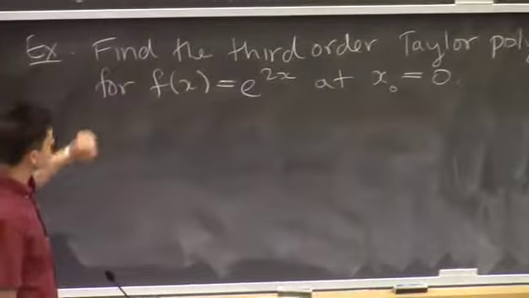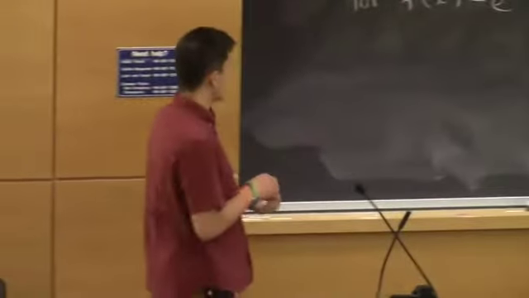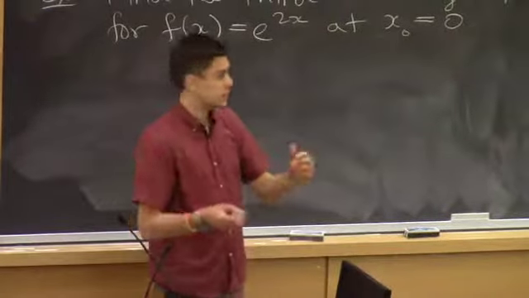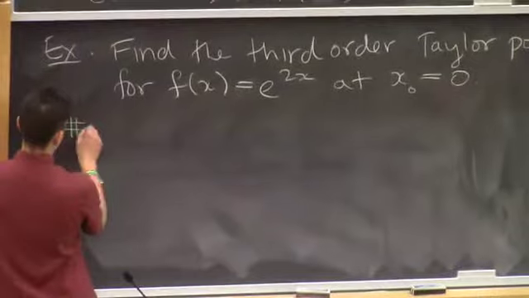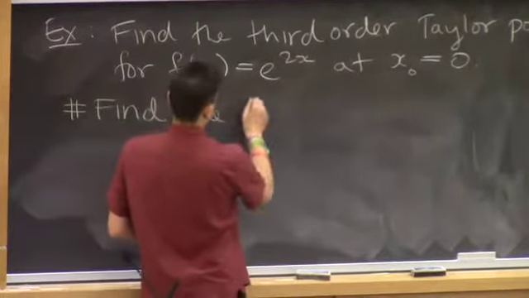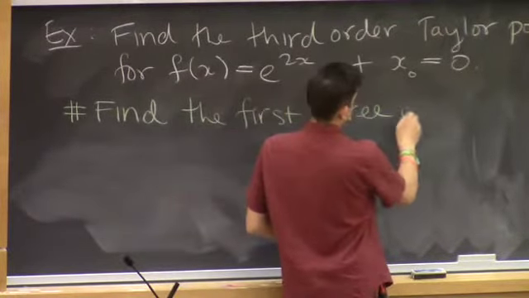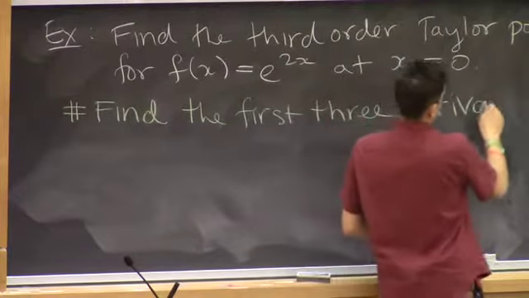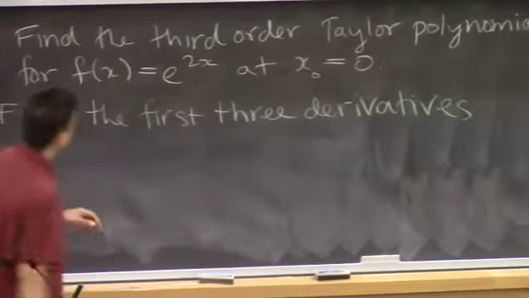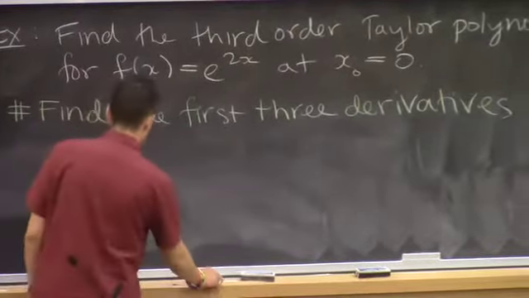Let's find the third order Taylor polynomial for this function at this point. When doing these calculations, we find the first couple derivatives. We want third order, so we find the first three derivatives.